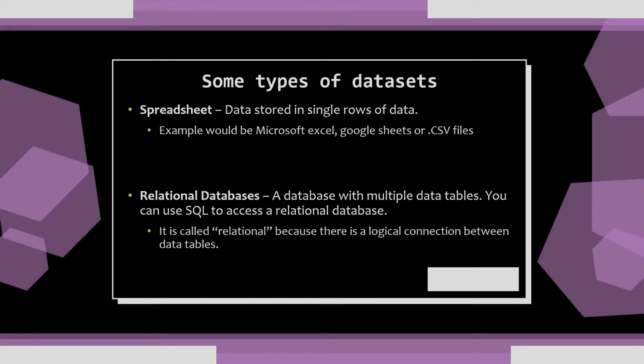Datasets also come in relational databases. A relational database is a database with multiple data tables. You can use SQL to access a relational database, and it's called a relational database because there's a logical connection between data tables.